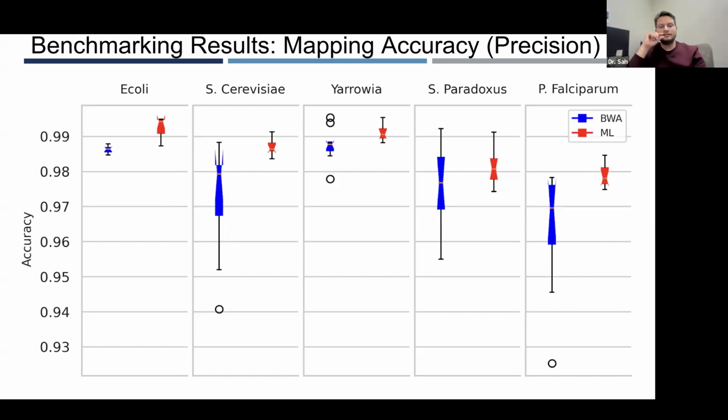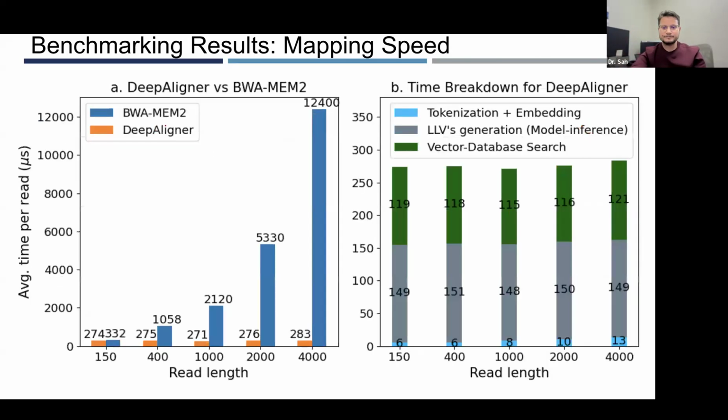Because nowadays, all these sequence alignment pipelines face a major issue with time. As the DNA length grows, these tools take more time. So, let's say for 16,000 base pairs, sometimes it takes a couple of days to map the entire full genome.